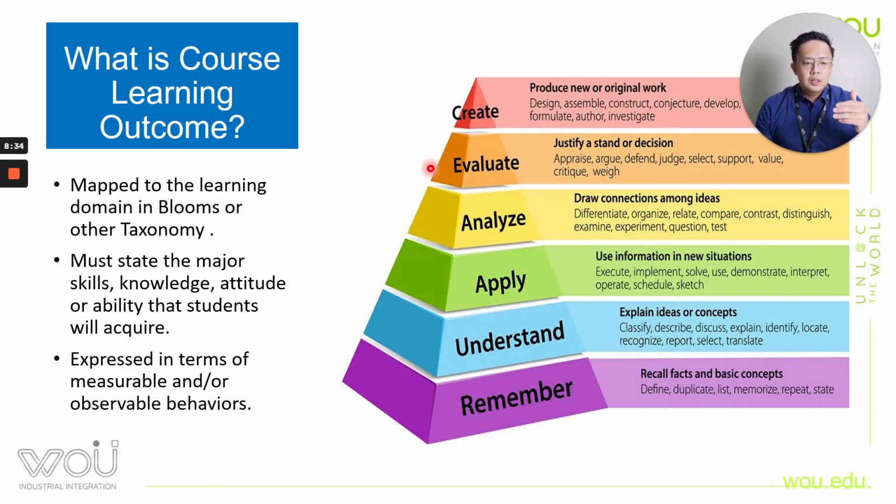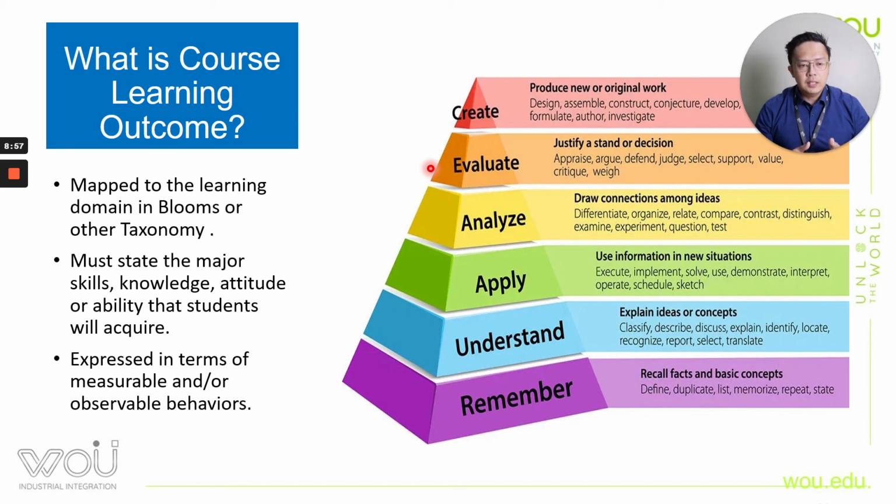So when you're trying to express your course learning outcome, you must make sure that it is measurable and observable. If you compare to PEO and PLO that you have learned in the past, PEO and PLO accept unmeasurable verbs or terms, such as understand.